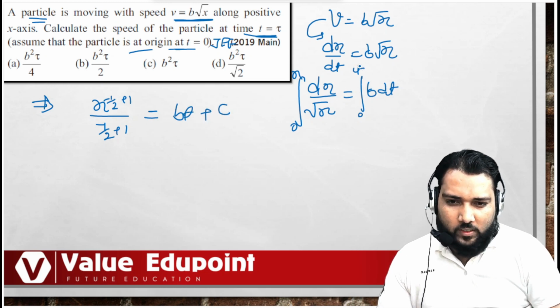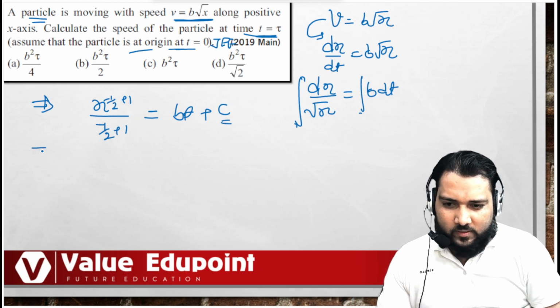If you put limits, then the constant will not come, so either you can apply limits directly, or you can take the constant here. It is your choice. When you solve this, this will come out to be 2 root x equals b t.